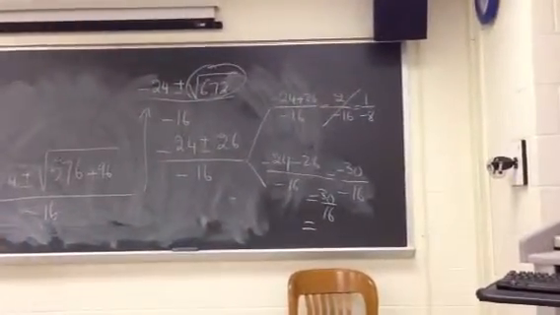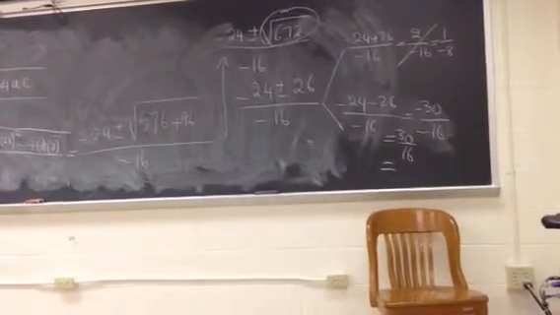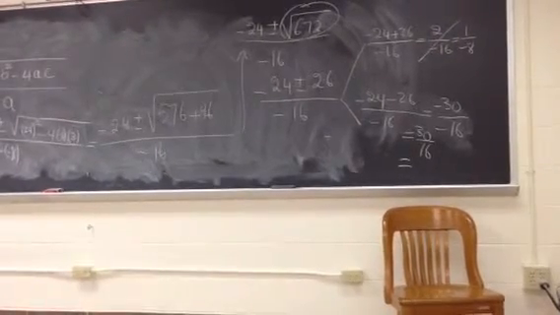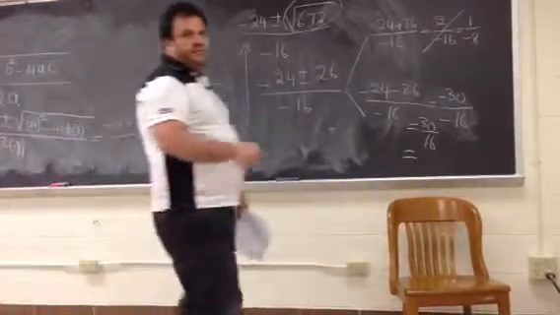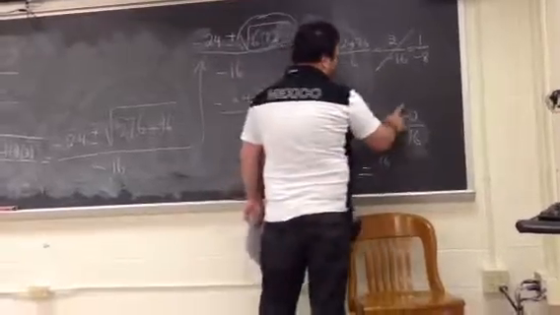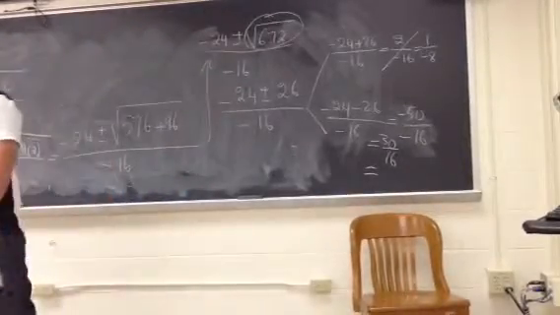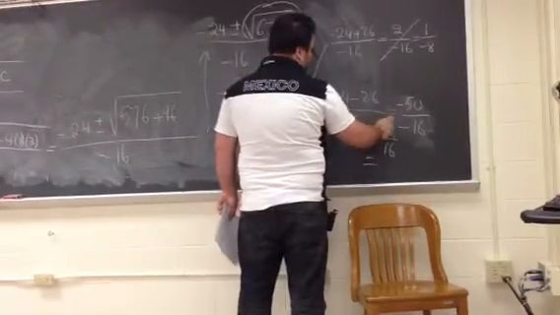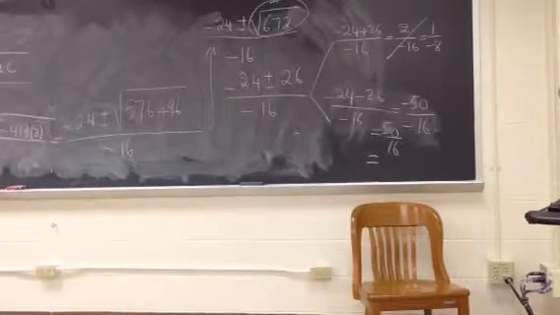30 divided by 16 is what? What is 50 divided by 16? 3 point what?